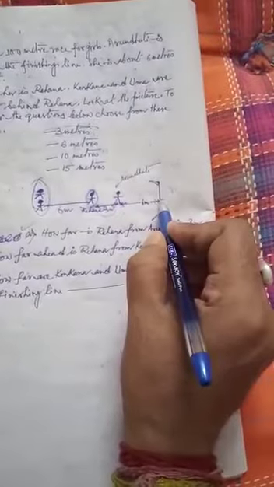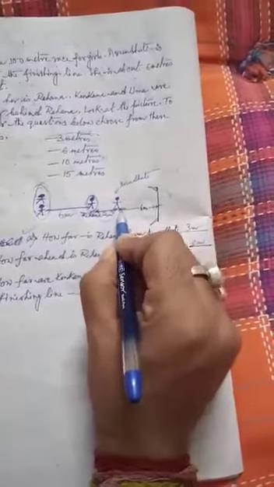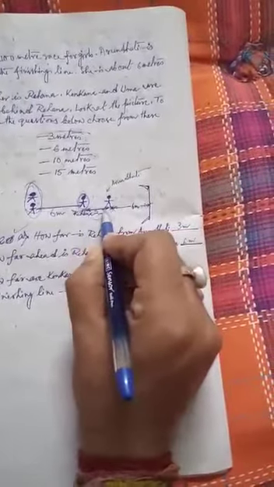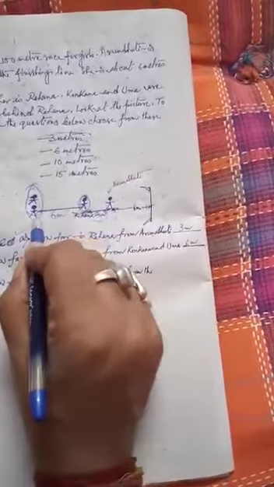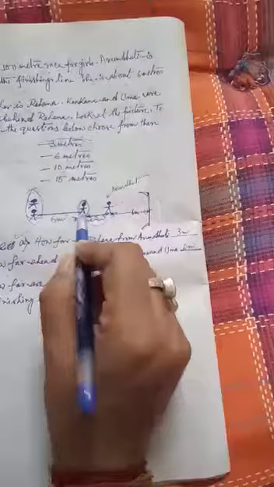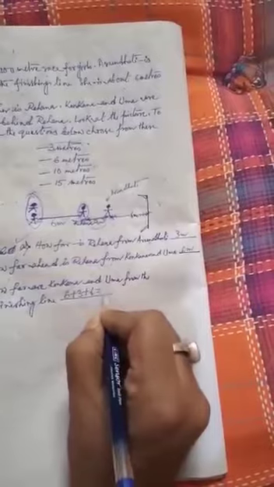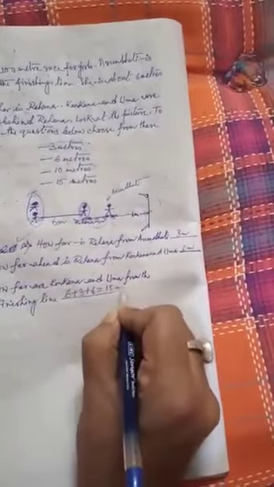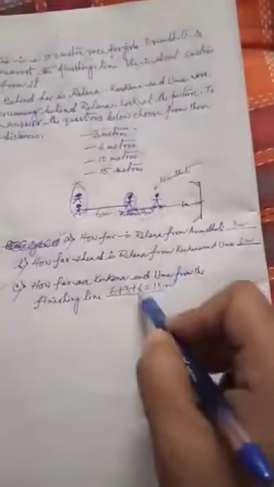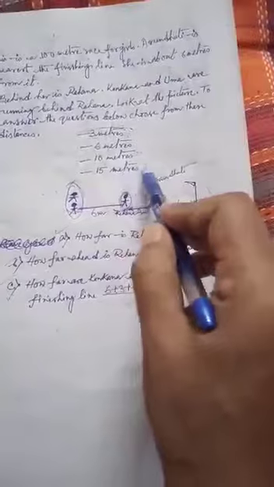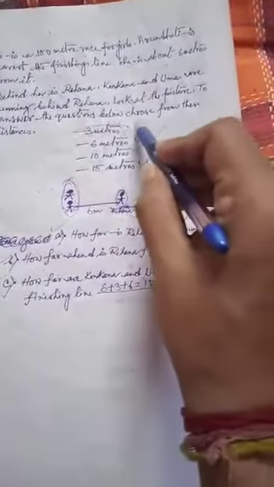From the end line to Arundhati is 6 meters, Arundhati to Rihanna is 3 meters, and Rihanna to Uma and Kankana is 6 meters. So the total is 6 plus 3 plus 6, which is 15 meters. We take our answers from these options: 15, 6 and 3.